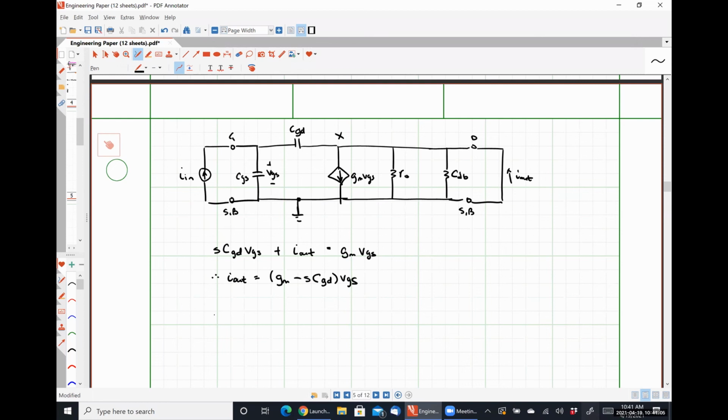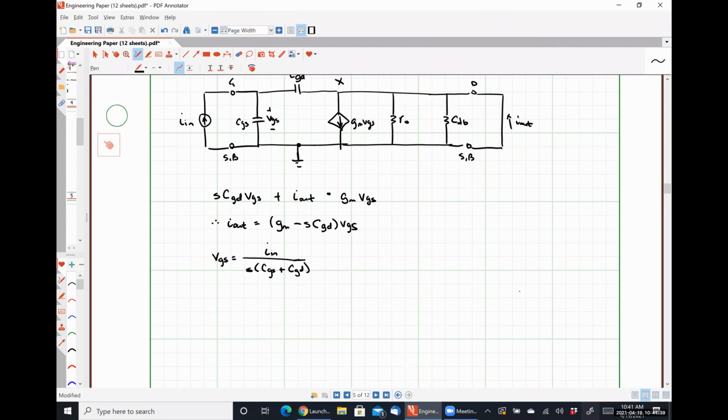Using Ohm's law, VGS is I in divided by s times CGS plus CGD. So I in sees our gate source capacitance in parallel with our gate drain capacitance. And so the voltage drop is just that current multiplied by those two impedances in parallel, right?